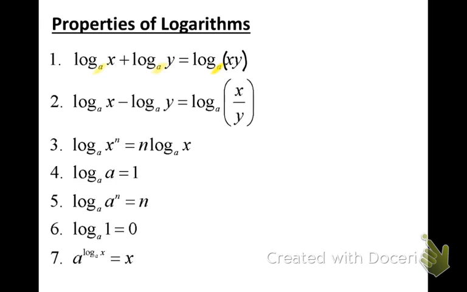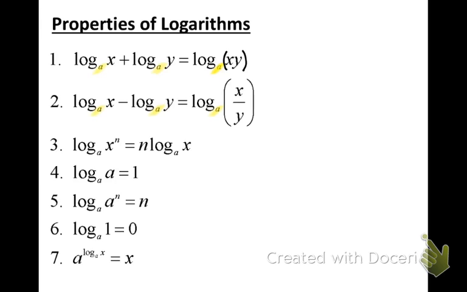Okay. Now, very similarly, we have a rule that works with subtraction. If I am subtracting 2 logarithms that have the same base, so log base a of x minus log base a of y, I can squish it down into one logarithm still with that same base, but now those 2 logarithms being subtracted are squished down into one logarithm where those arguments are being divided.